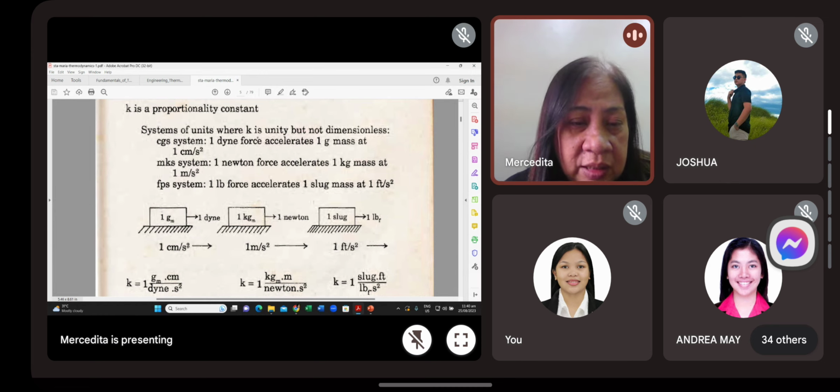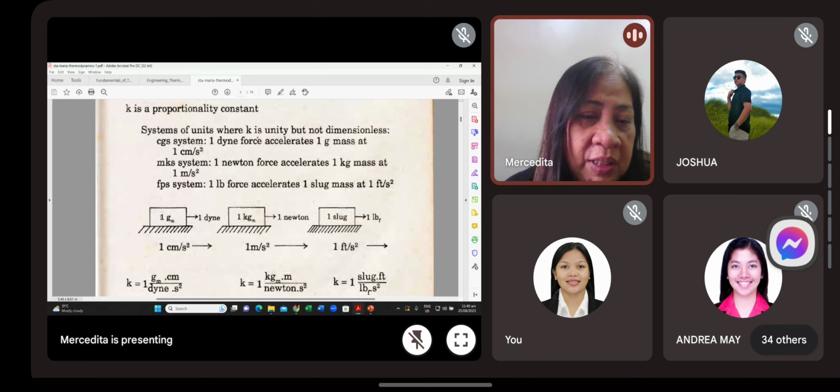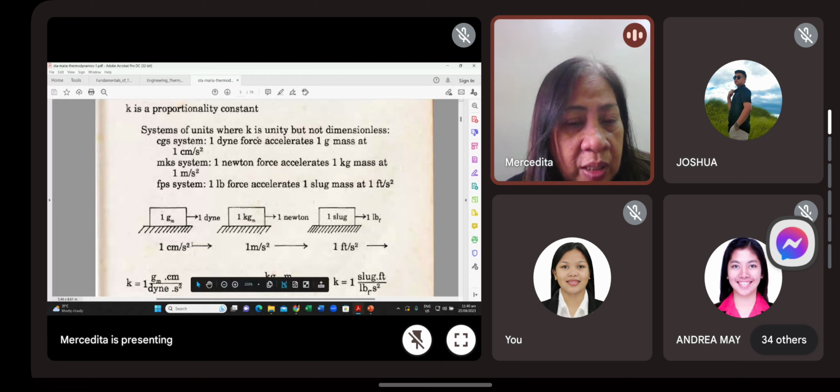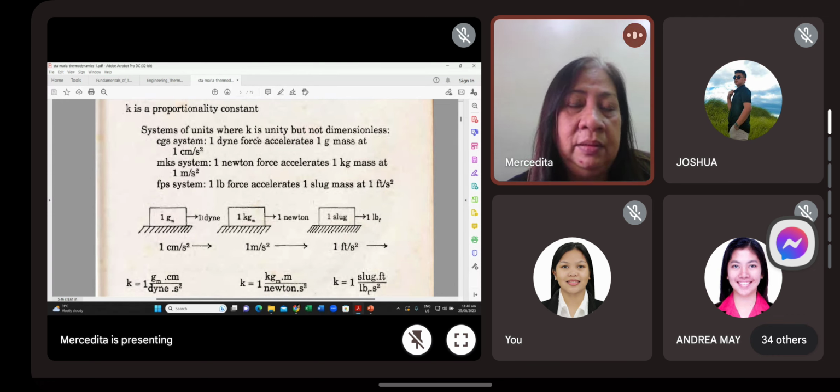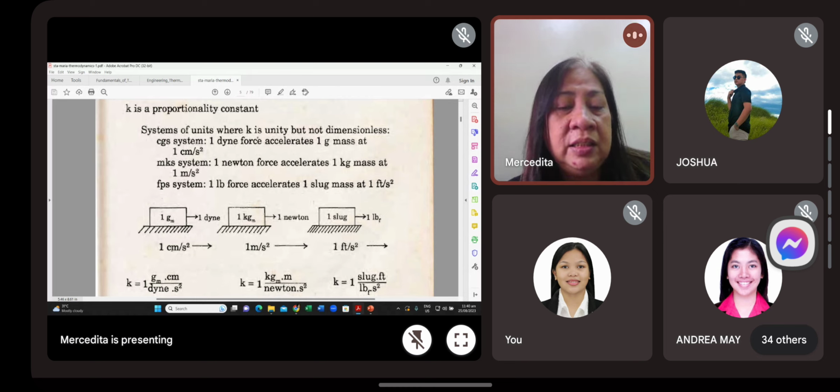Same with CGS, ang unit ng mass natin is gram mass, and the acceleration is cm per second square, so that the resulting force is what we call dyne. So yun yung term for CGS. Dyne is a force. So 1 dyne is equivalent to 1 gram mass cm per second square.